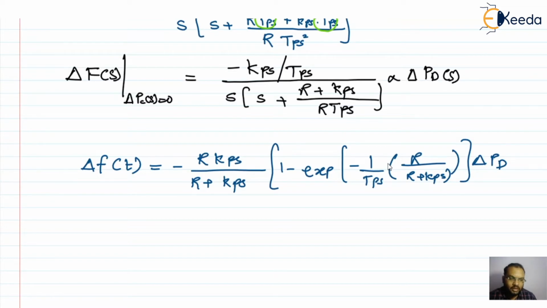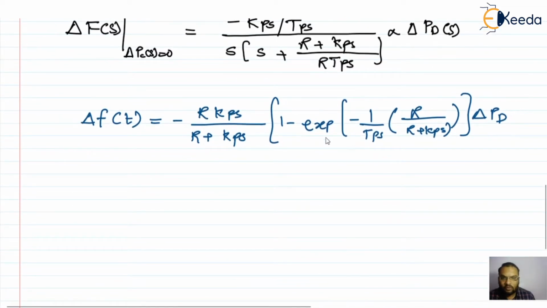So let us consider a particular case. Let us have some values of these terms and let's see what will be the change in the frequency. Let us assume some change in the power demand, and with that we will see how the frequency will change.